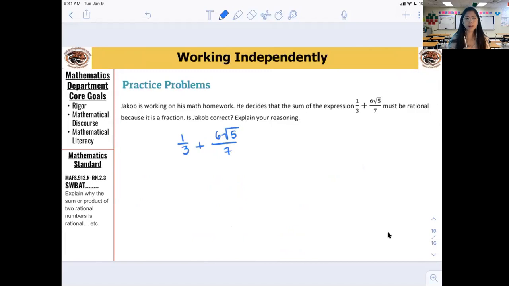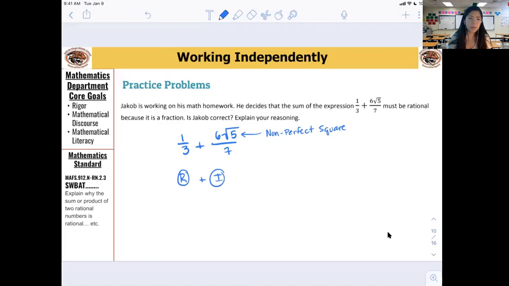What type of number is 1/3? 1/3 is a rational number. How about 6 root 5 over 7? Irrational. That's irrational because what does it have? A root. Yeah, it has the root of a non-perfect square.